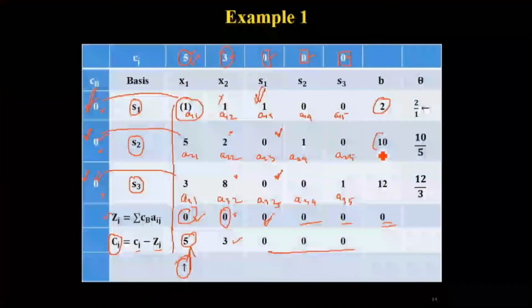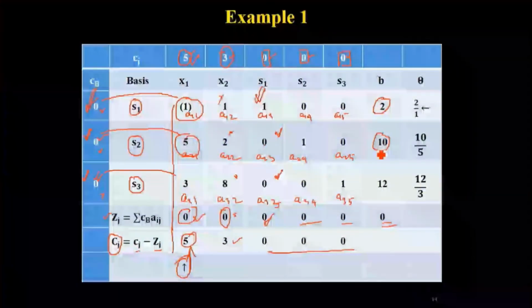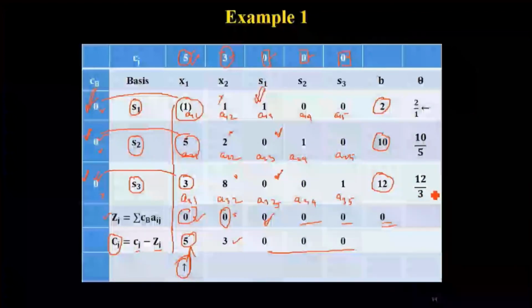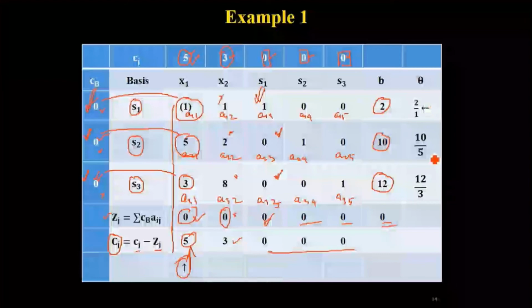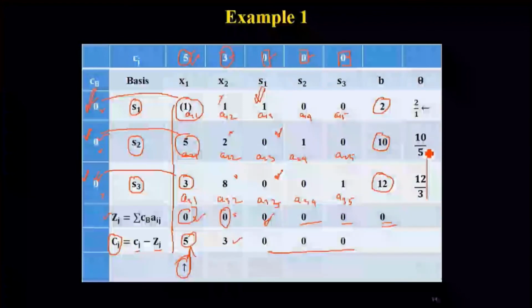Next B value 10 by this entry 5, so 10 by 5. Then 12 by 3, that is 4. Then we have to see the smallest positive value from the ratio. So 2 by 1 is 2, here also 2, here 4. So 2 is the smallest.